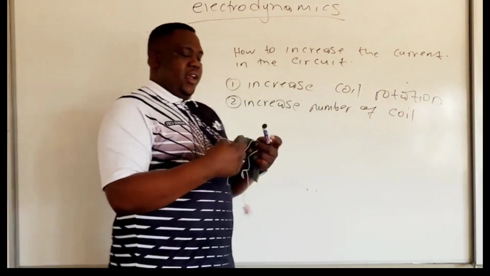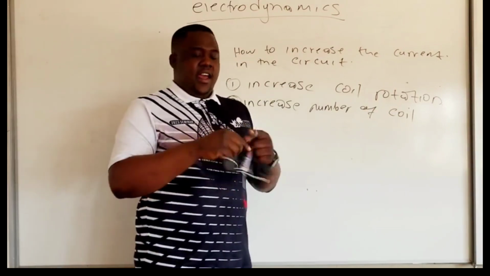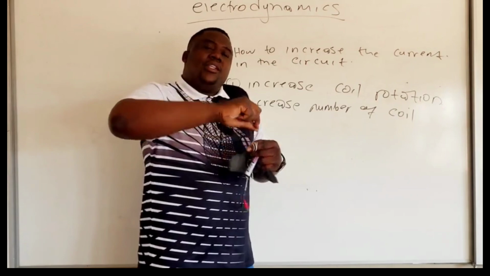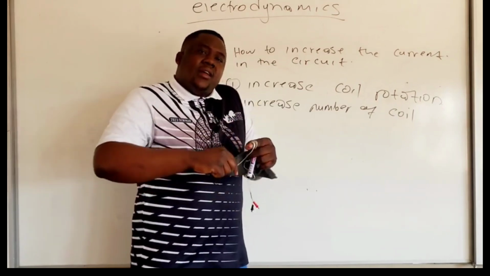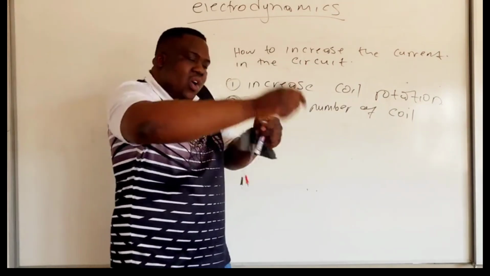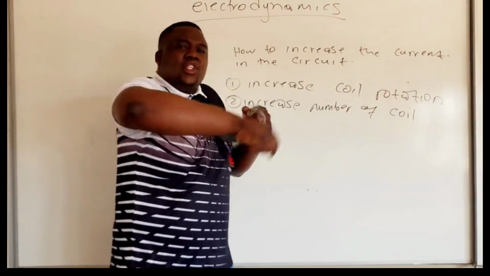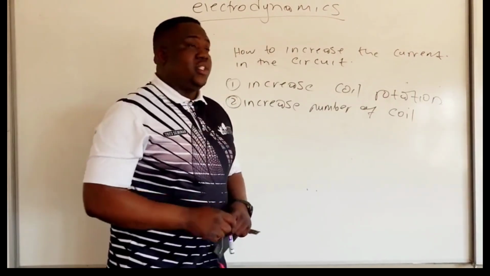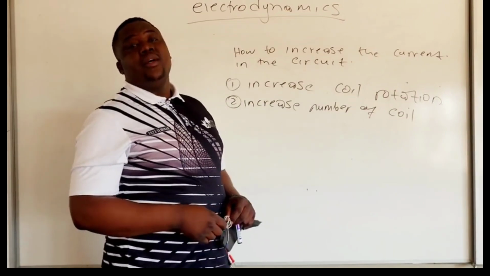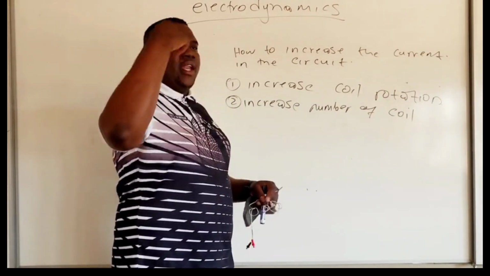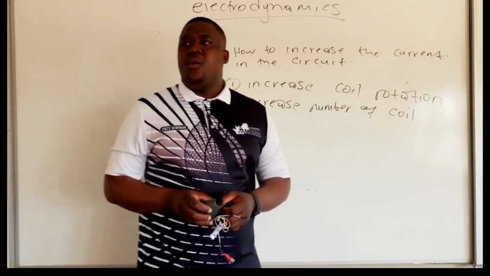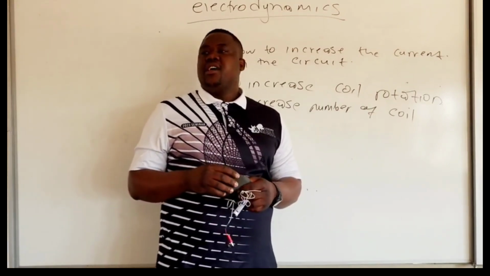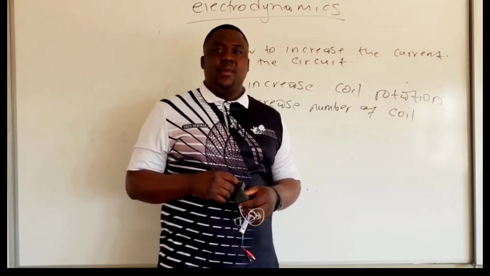If a coil has just been coiled 5 times, and you double the coiling, you make it 10, when the rotation is occurring, the electromotive force that is going to be produced and the current that is going to be induced is not going to be equal. So when you increase the number of coils, if I want to generate a high voltage and a high current, what do?